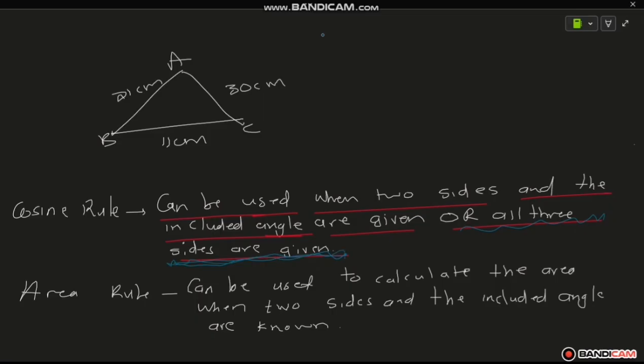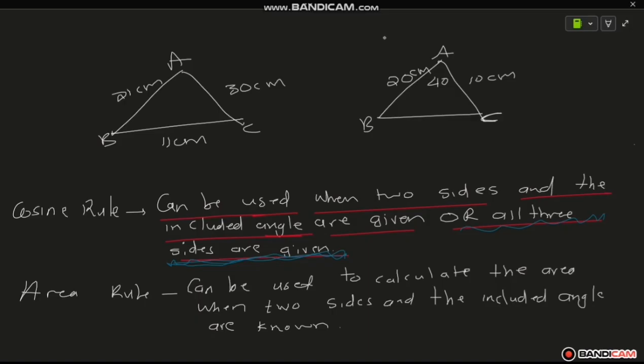So since we have side AC, and we have A, B, and BC, we can use what? Cosine rule. I hope it makes sense. Then let's say we have side AB as 20 centimeters and side AC as 10 centimeters.